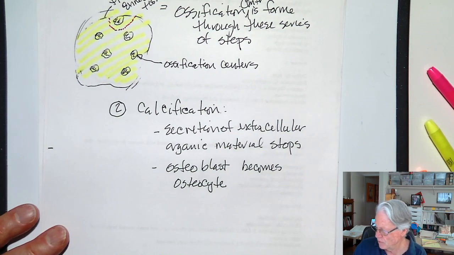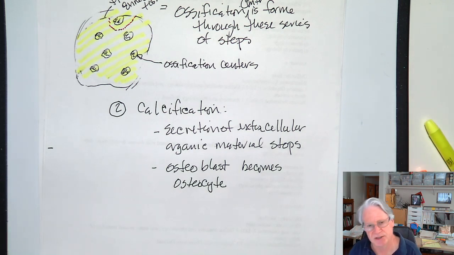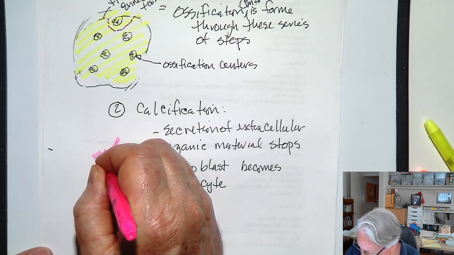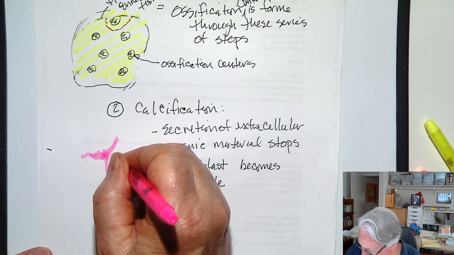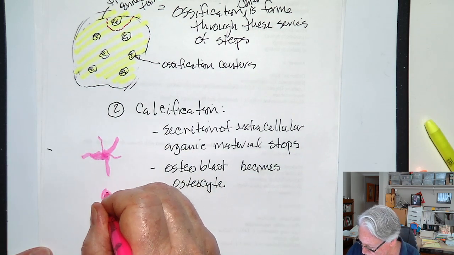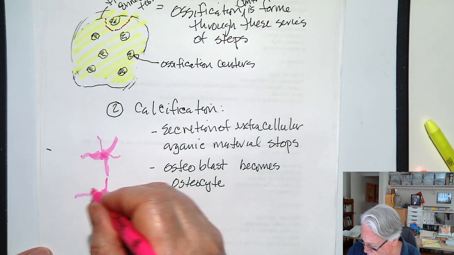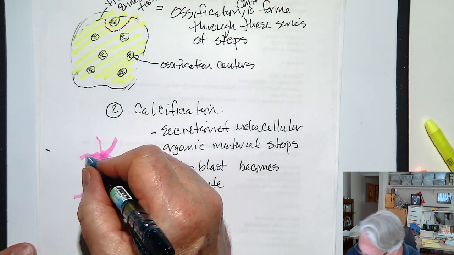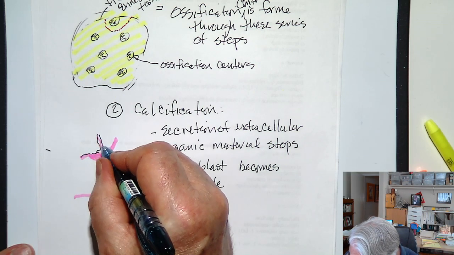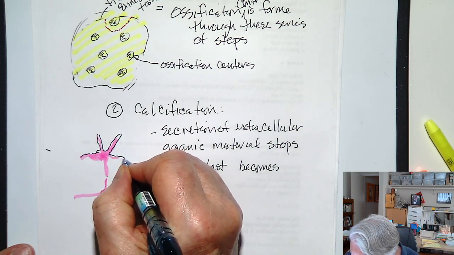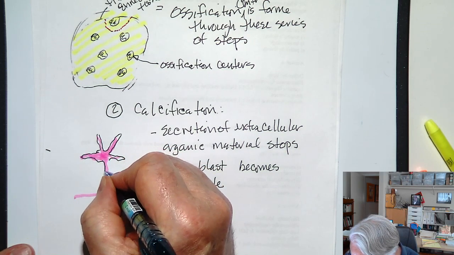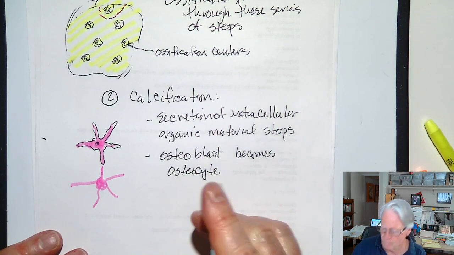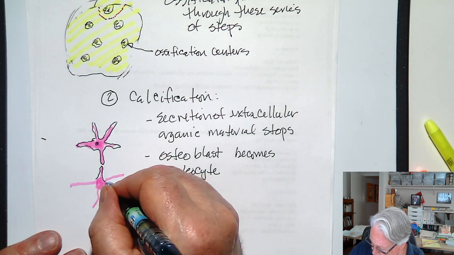So let's see if I can draw this in a way that makes sense. We'll have one here and another one here, and we're going to come in and fill in, so that is going to be an osteocyte.